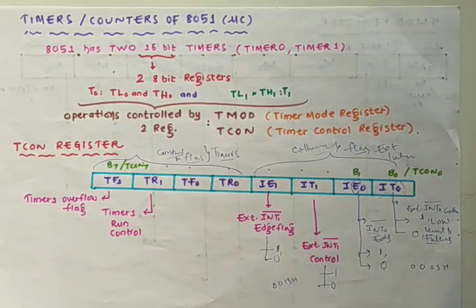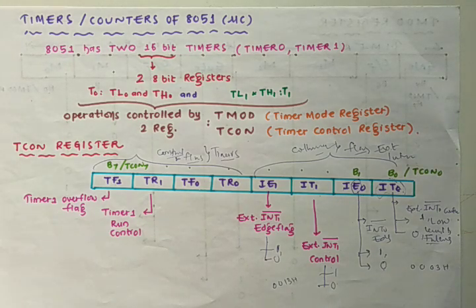The lower nibble is reserved for the control flags and control bits and the flag bits for the external interrupts. Whereas the upper nibble is reserved for the control bits and the flag bits for the timers.